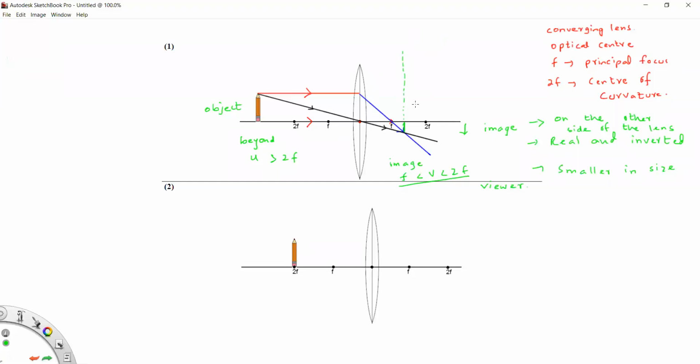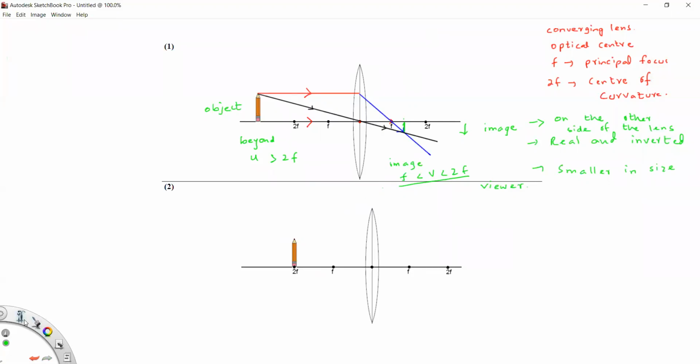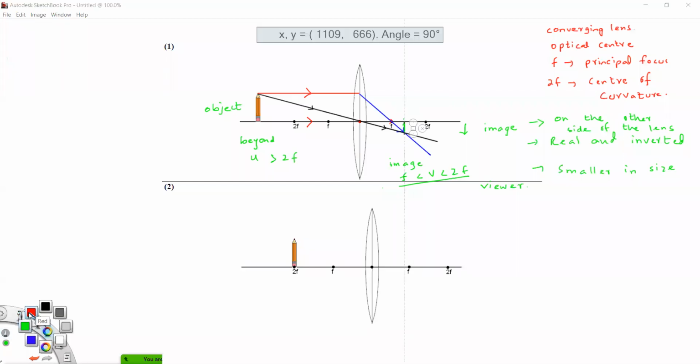So can I move further? I need to erase this. Okay, so next, let's say my object is at 2f, as it is here.